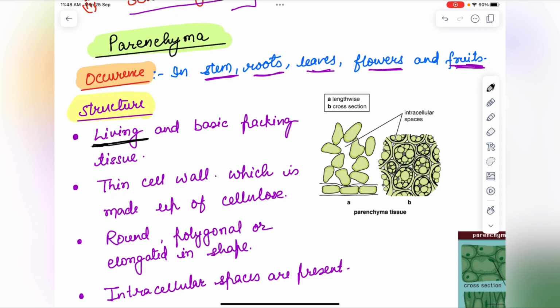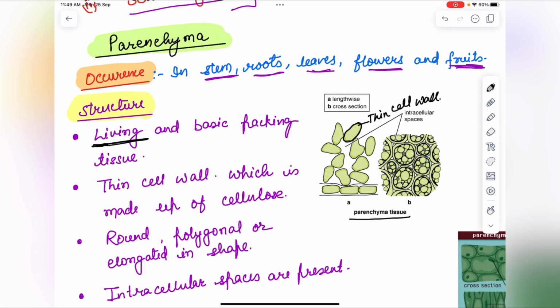The cells of this tissue have a thin cell wall. You know that a plant cell has a cell wall, and in this parenchyma the cell wall will be thin. This is the image of the parenchyma tissue.